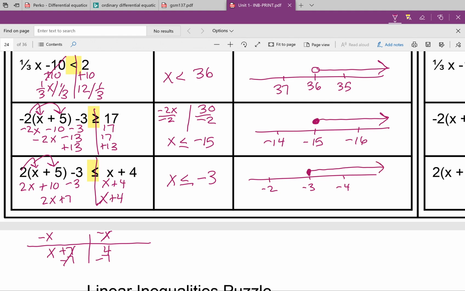Just remember, when we're dealing with negatives, it may look like this is the bigger number, that -4 right here, but -4 is less than -3. Just want to make that clear. When we were dealing with the positive numbers, obviously 35 is less than 36. Just keep in mind that negatives are opposite.